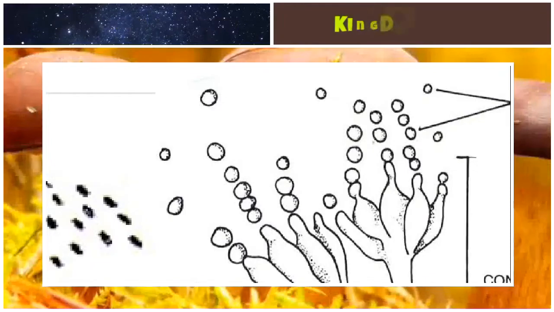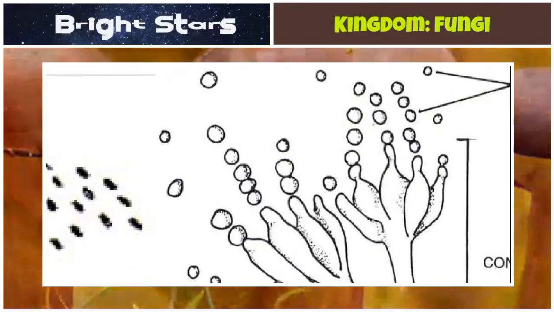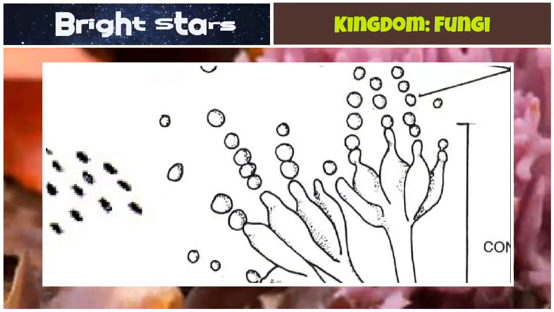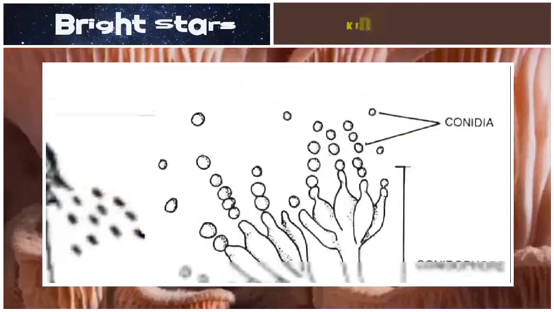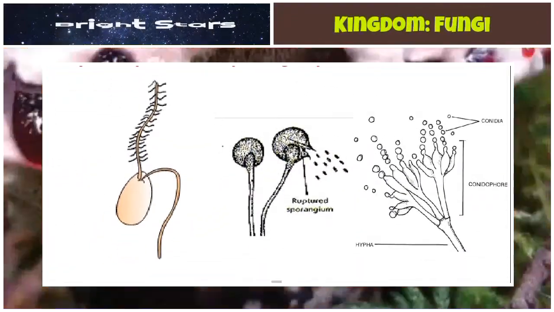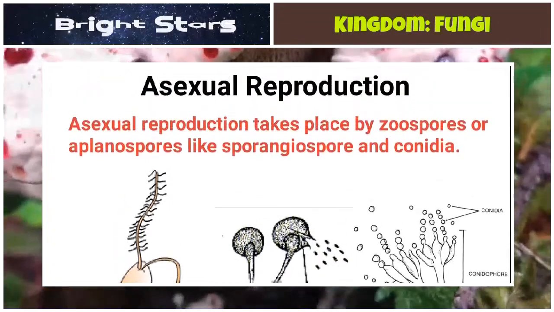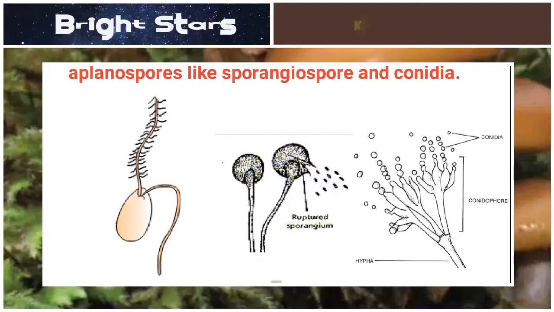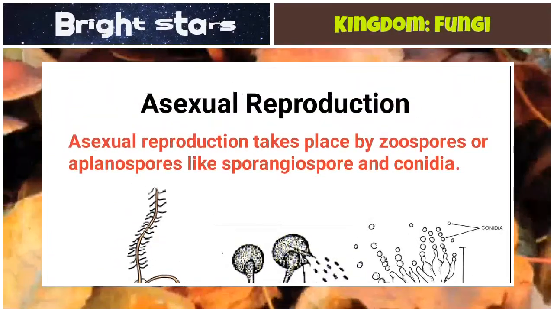If spores are formed externally on the conidiophores, we call them conidia. So two kinds of aplanospores are there, one sporangiospores, another conidia. So three kinds of asexual spores, zoospores, sporangiospores, and conidia, we can see in fungi.